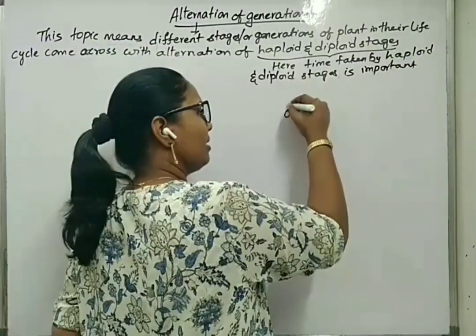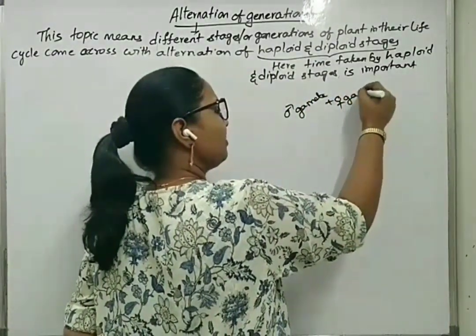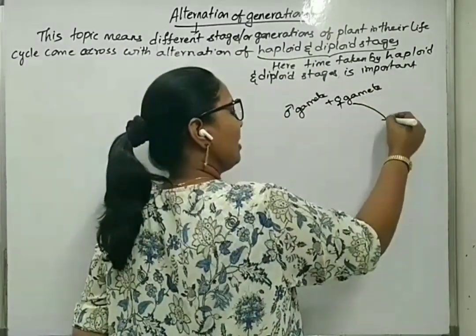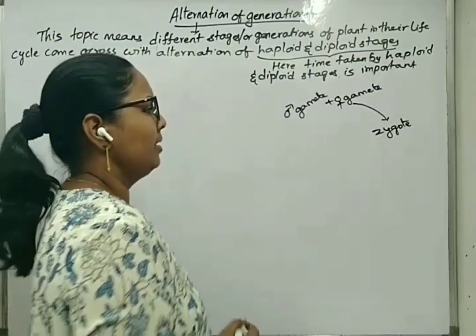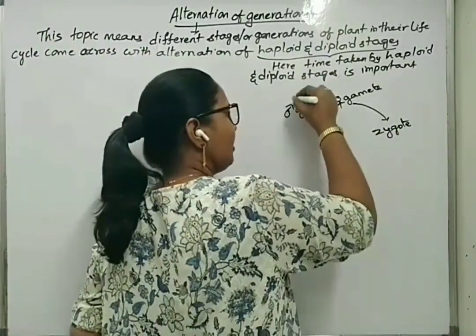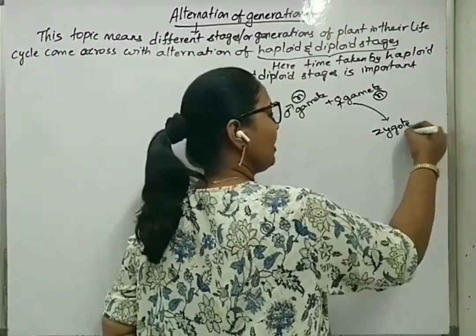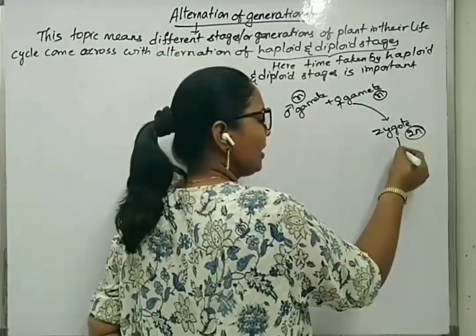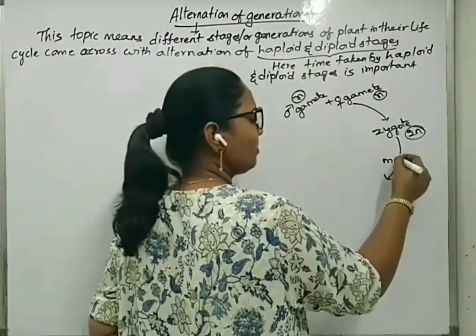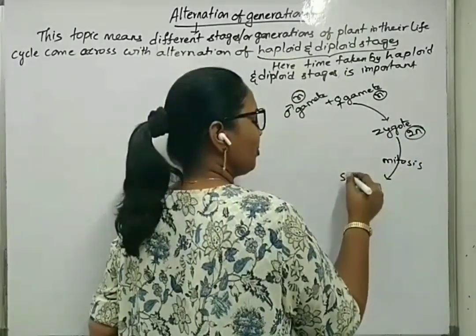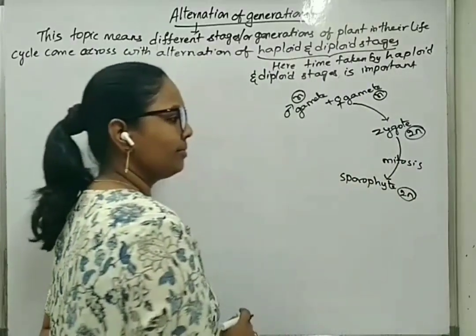Generally, we know that the male gamete fuses with the female gamete and forms a zygote. The male and female gametes are haploid in nature. The zygote is diploid in nature. In a plant body, the zygote undergoes mitosis to give out the sporophyte. The sporophyte is also diploid.